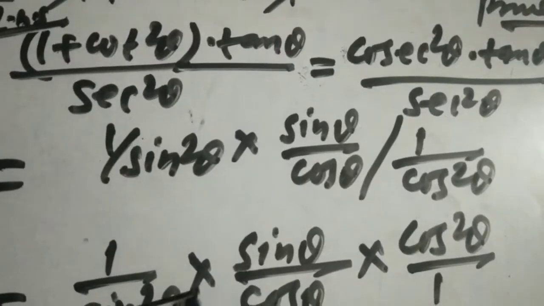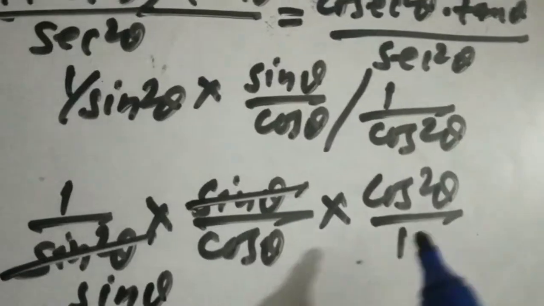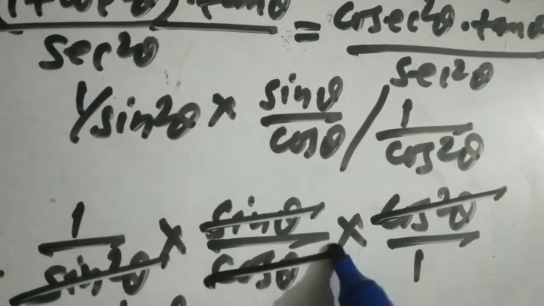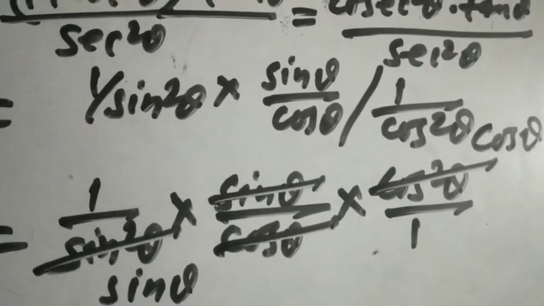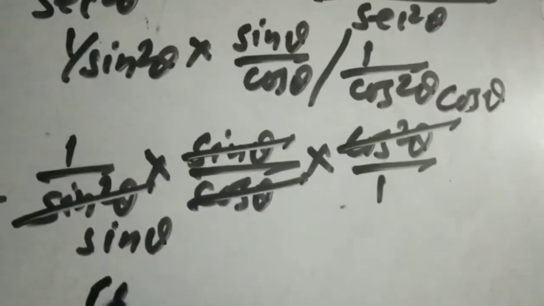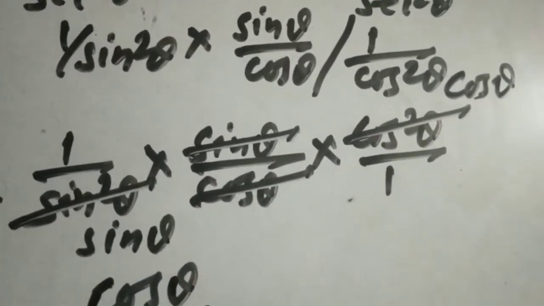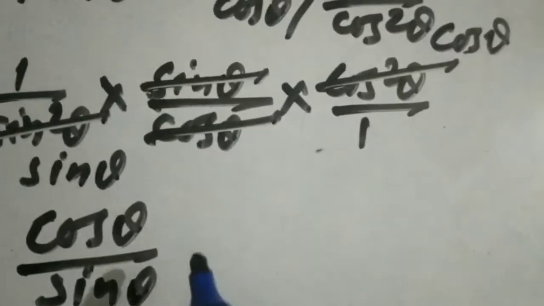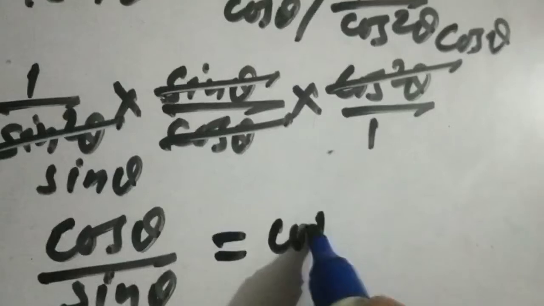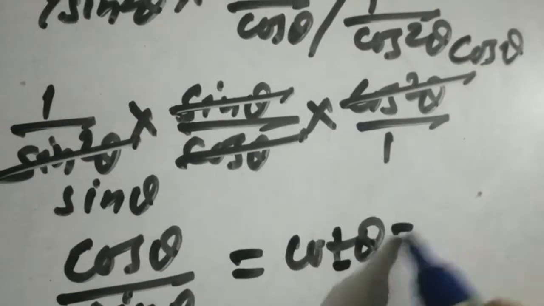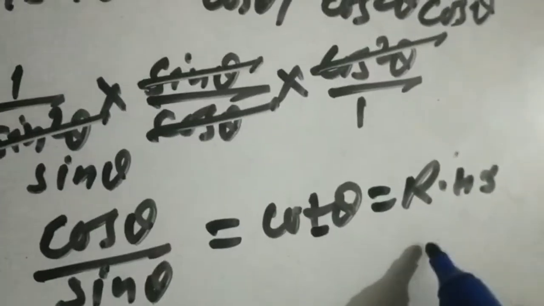Now this sine square theta will be cancelled by sine theta, and this cos square theta will be cancelled by cos theta into cos theta. Okay. So in numerator we have cos theta, and in denominator we have sine theta. Okay, and cos theta upon sin theta is equal to cot theta, which is equal to RHS. Proved.